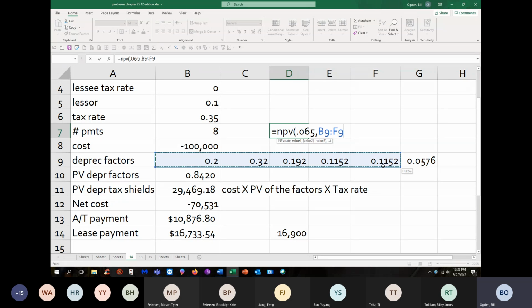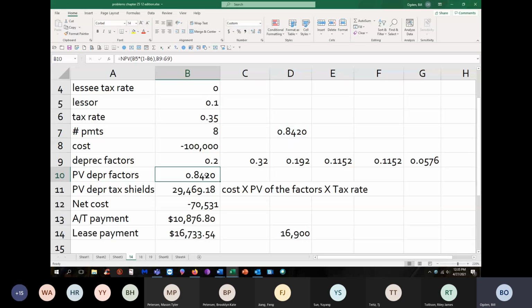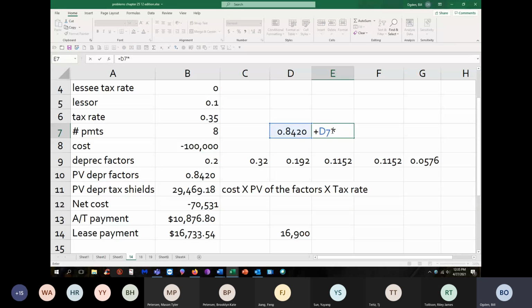And all of our values, so we get for that, 4 places. Then we get 0.8420, and I multiply that times the $100,000 times the tax rate, and I get the present value of the 1, 2, 3, 4, 5, 6 years of depreciation tax shields.